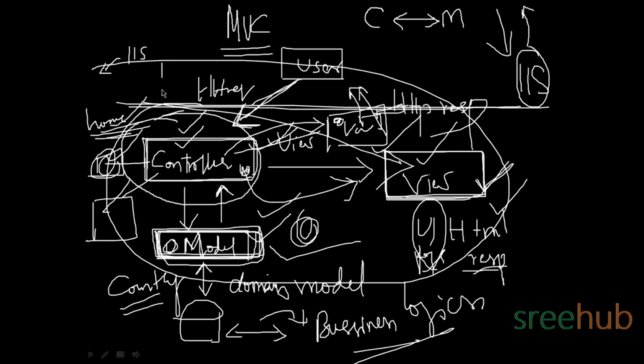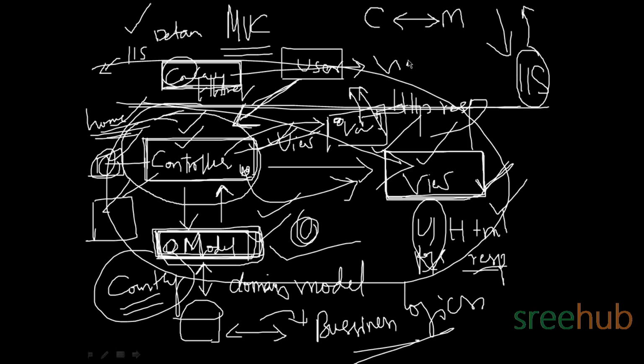Let's say I have some other controller here, the details controller. In this details controller also I can use the country class, maybe referring to some other thing. Which means I'm using a single model in multiple controllers.